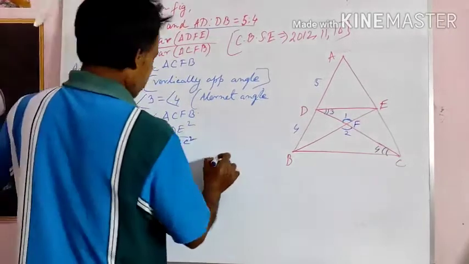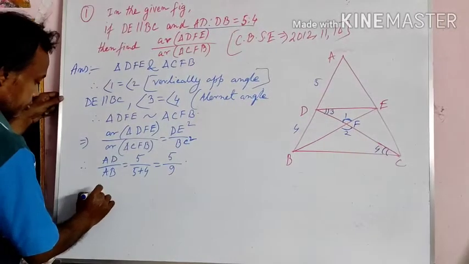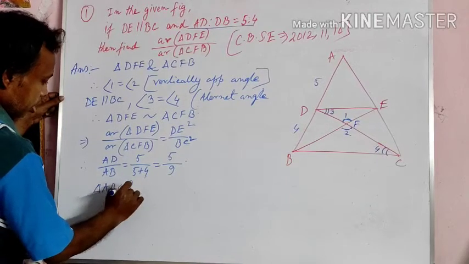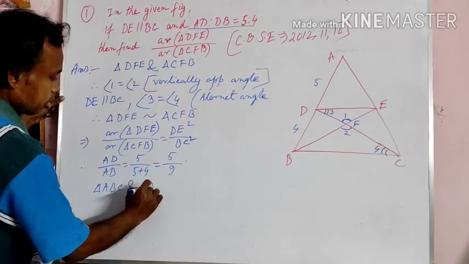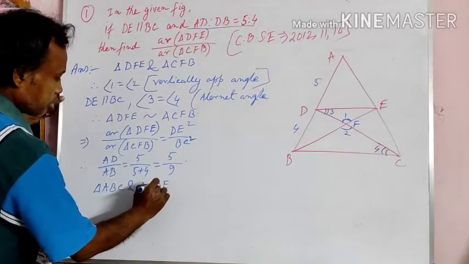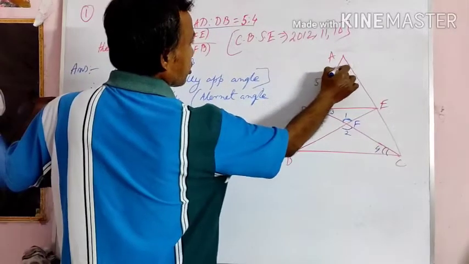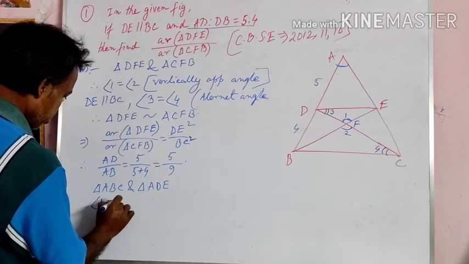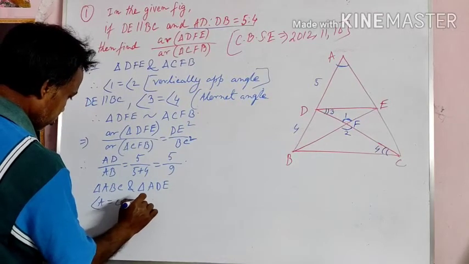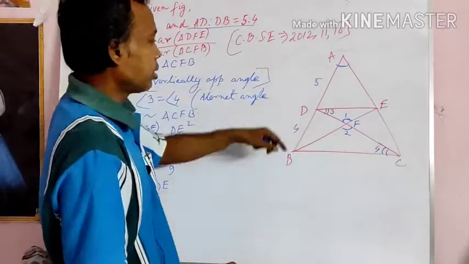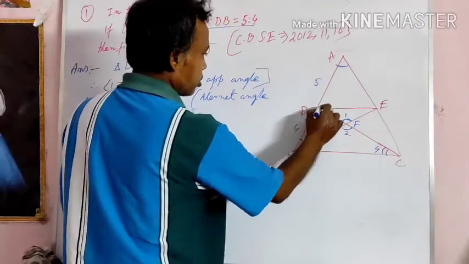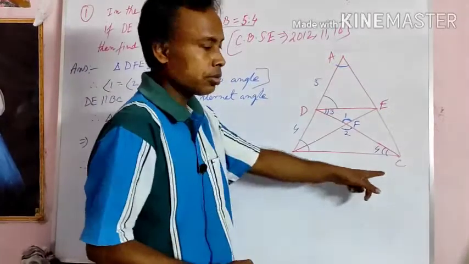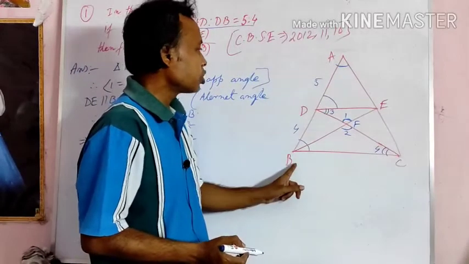Now take two triangles, ABC and triangle ADE. Angle A is common. And angle B is equal to angle D, because DE is parallel to BC and AB is the transversal.